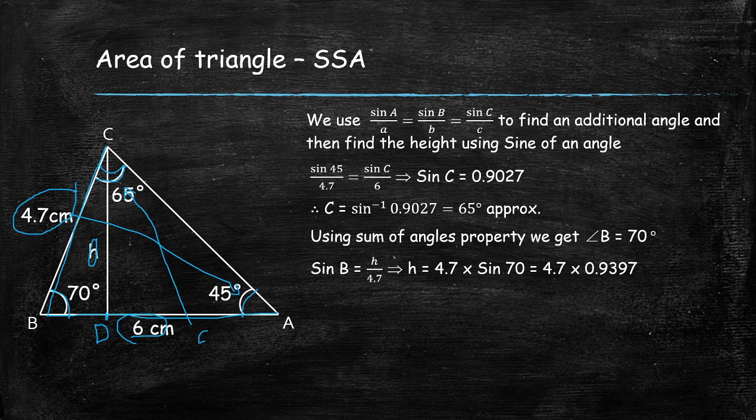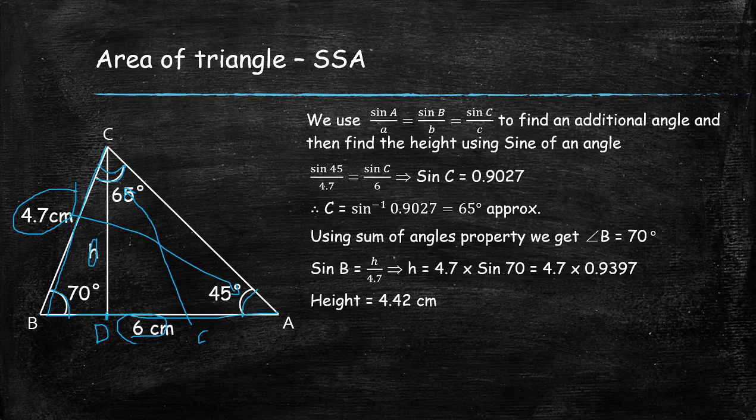So if we transpose 4.7 to the other side, we get 4.7 into sin B, which is 4.7 into sin 70 degrees. Sin 70 is 0.9397. So we get the height as 4.42 centimeter.